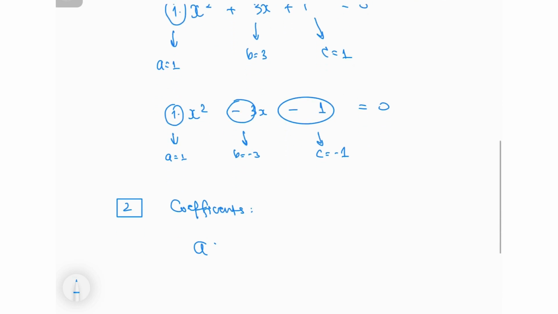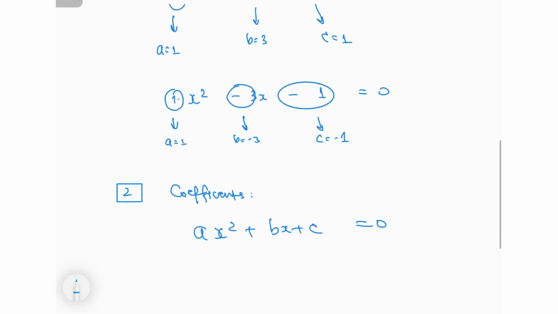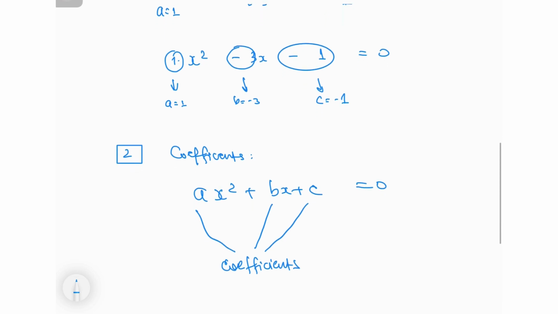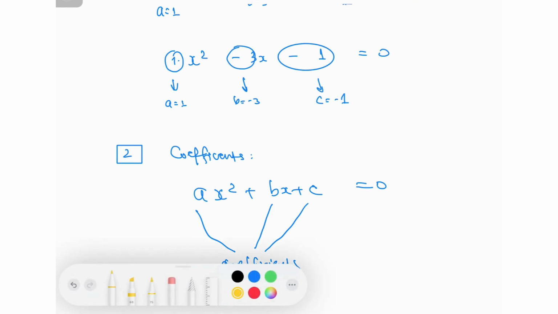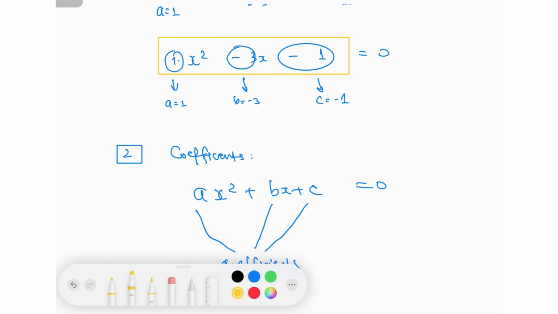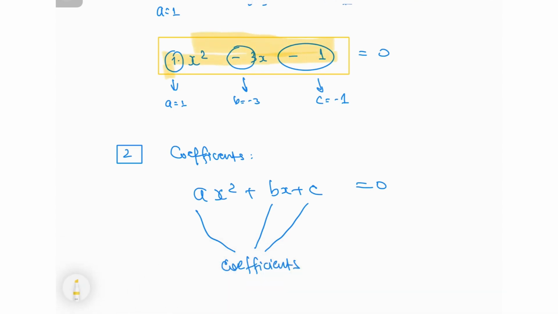If we have ax squared plus bx plus c equals 0, a, b, and c are called coefficients. Now be careful here, they are given with plus, and I will again stress the importance of this example.